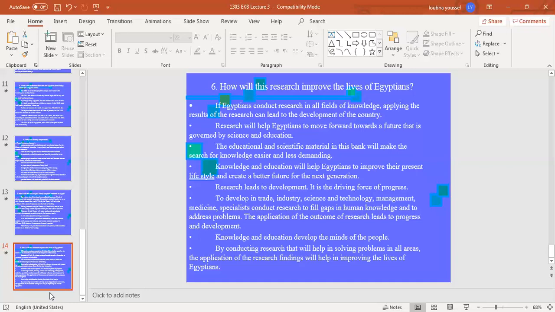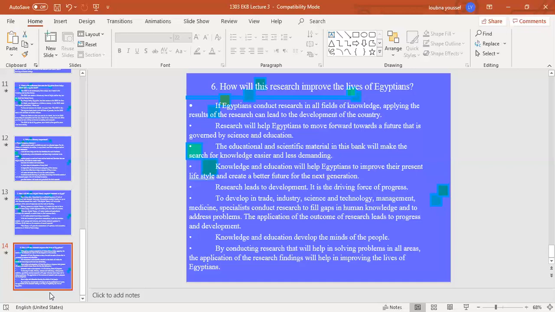Now, I think we have covered all the questions with many possibilities of answers. And so if I were you, I would log in and I would check the Egyptian Knowledge Bank, and I would write a paragraph about how the Egyptian Knowledge Bank and the sources you found will help you in your education and in your job.